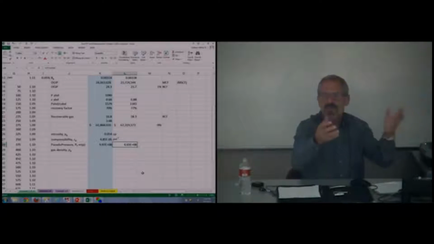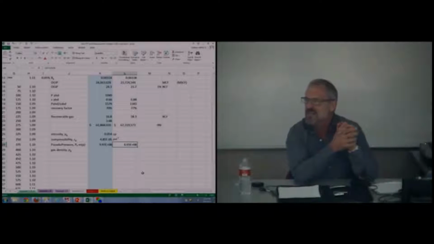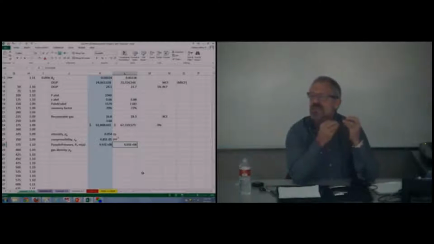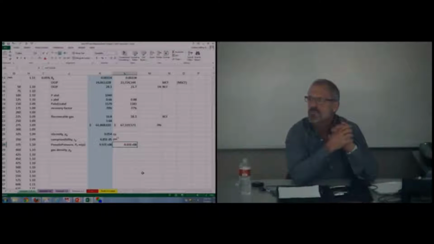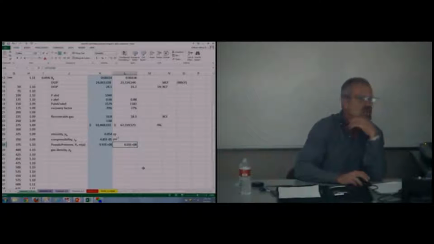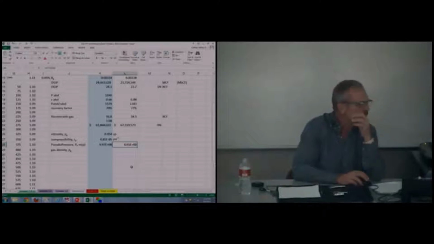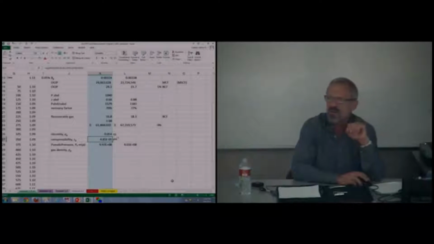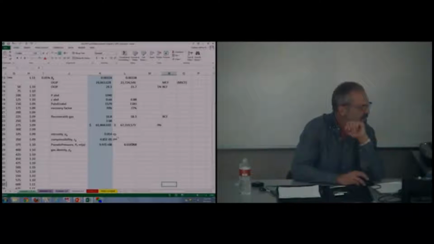That's what I mean by order of magnitude. Okay? It's not the same number, because it's an integration problem of the pressure over Z over viscosity, integrated from some low pressure base to that pressure. But it's on the order of magnitude, so that's why I'm saying it's a big number, times 10 to the 8. Compressibility is a small number, times 10 to the minus 5th.